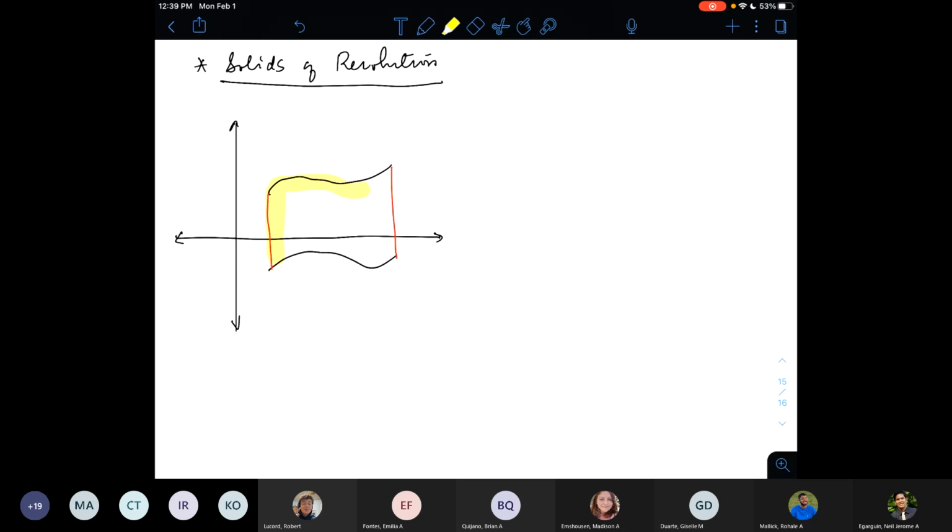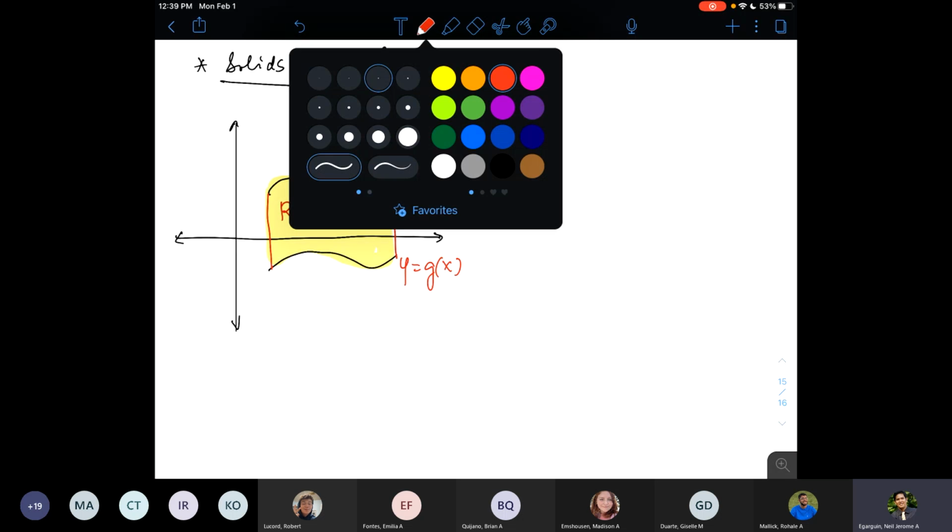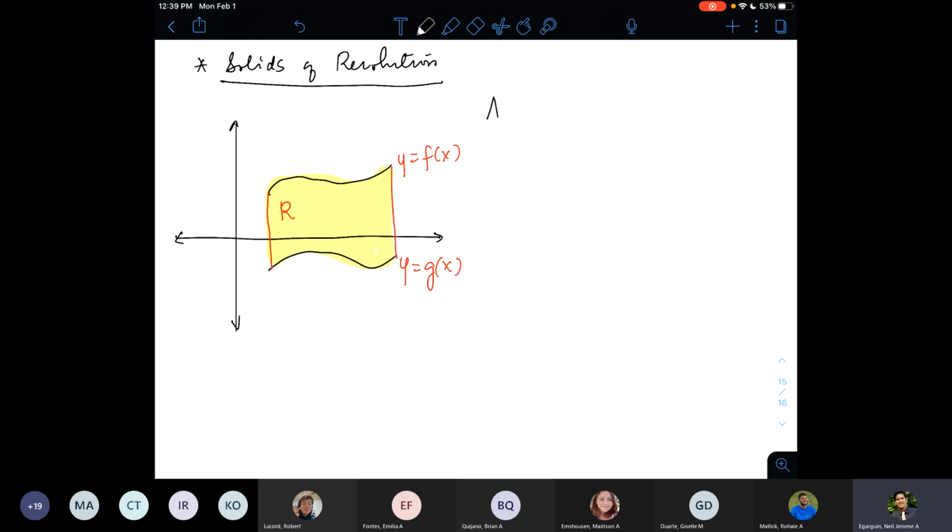So the shaded region, y equals f of x, y equals g of x. Then aside from the region, you will also be given the axis of revolution. I'll call the axis of revolution AOR for short as I write the solutions for this.